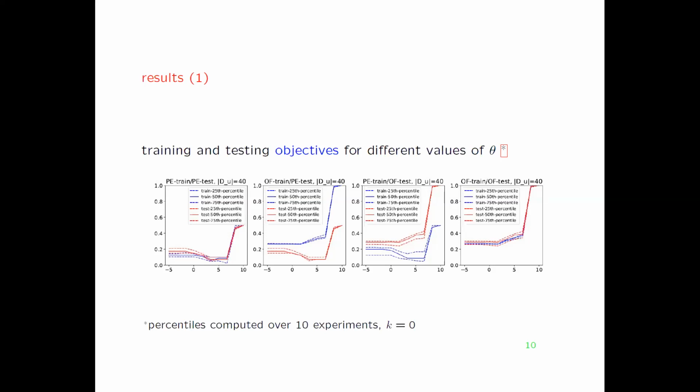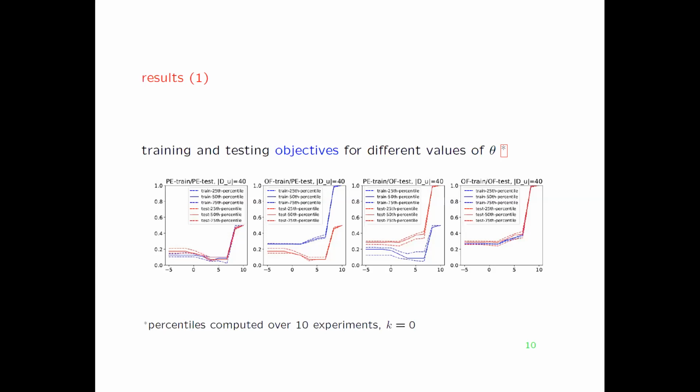And the non-consonant cases are in the middle, where you see that there is a gap between the objective function that you use for training, which is in blue, and the objective function that you use for testing, that is in red.